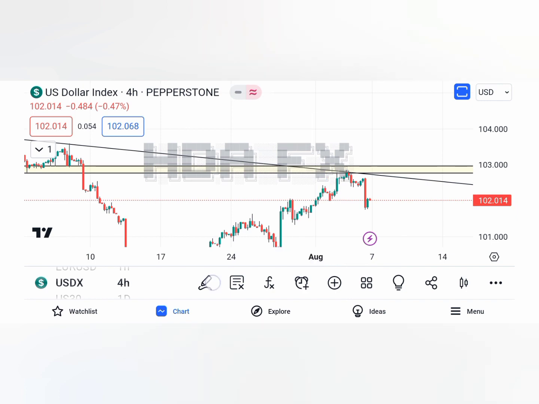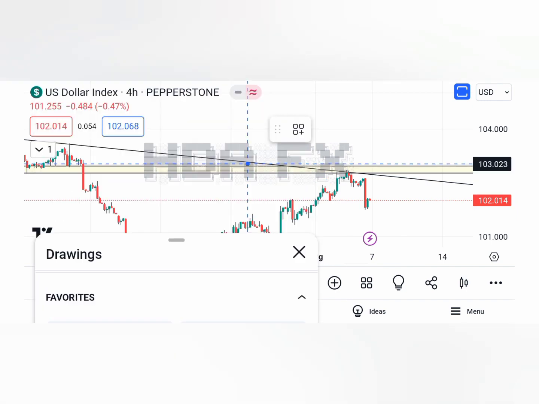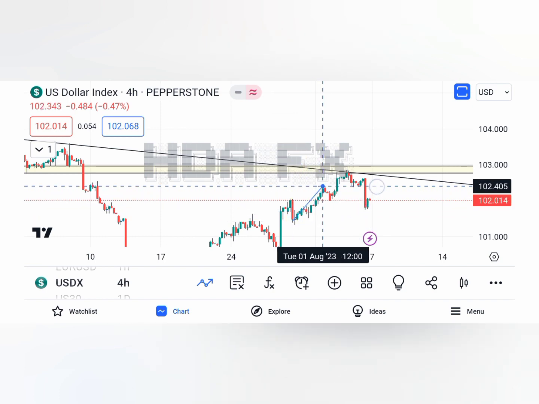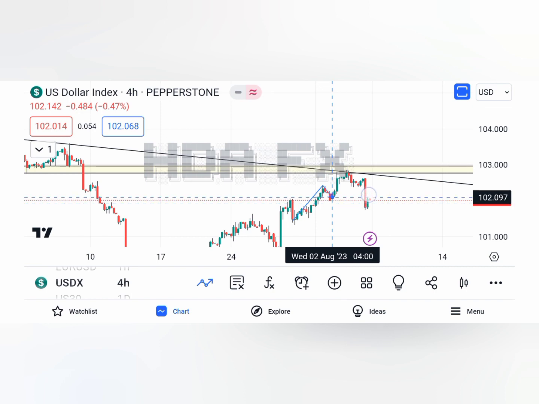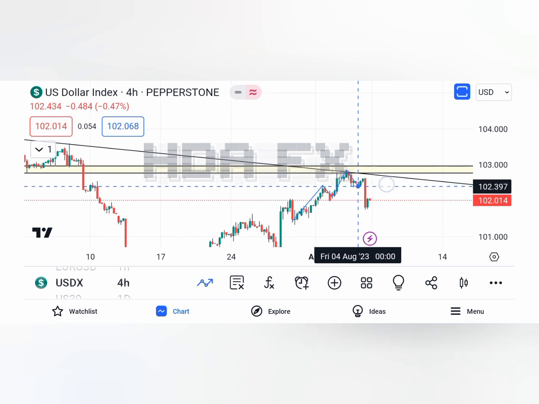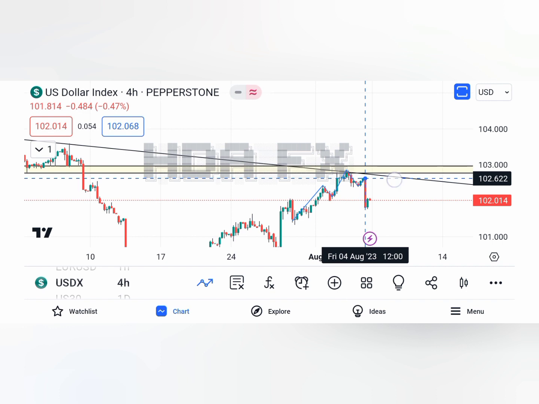Let me draw it again. Price was at first bullish, and we saw this. When we saw this, then we saw this retracement here also. Then we saw price moving downwards here.